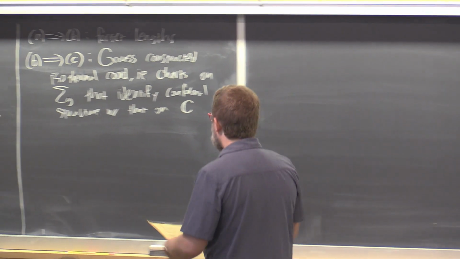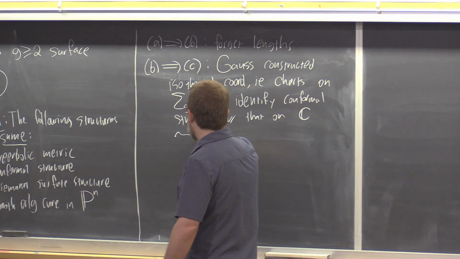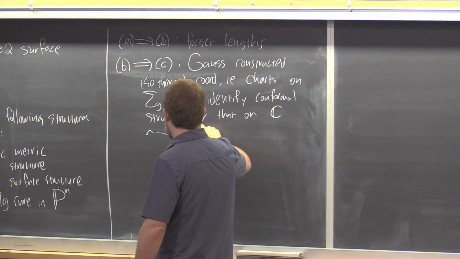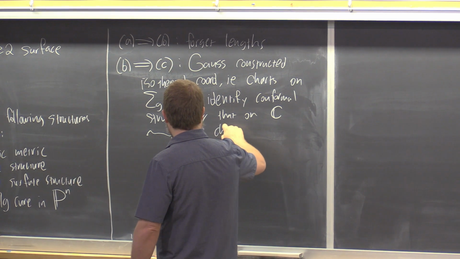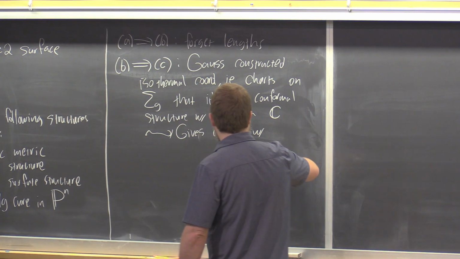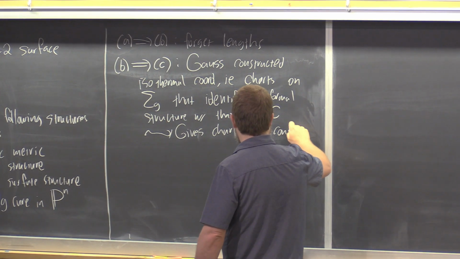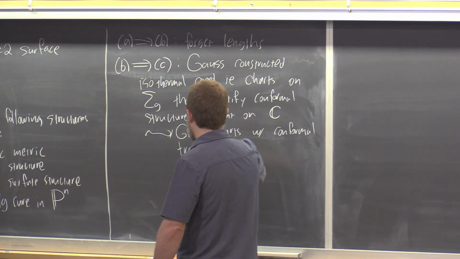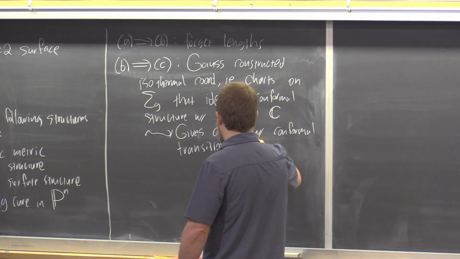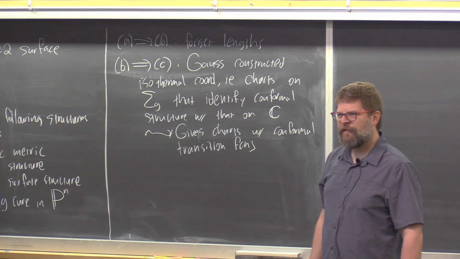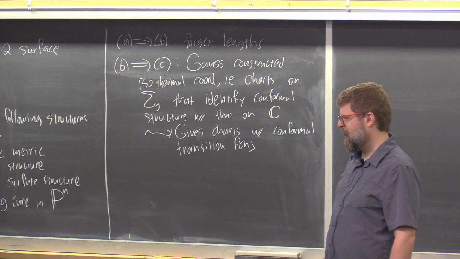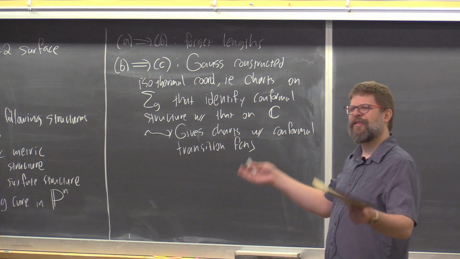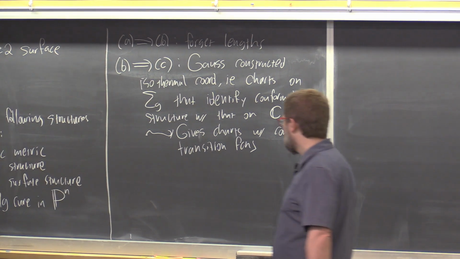So then this gives charts with conformal transition functions, but basically the ones that define a holomorphic function.